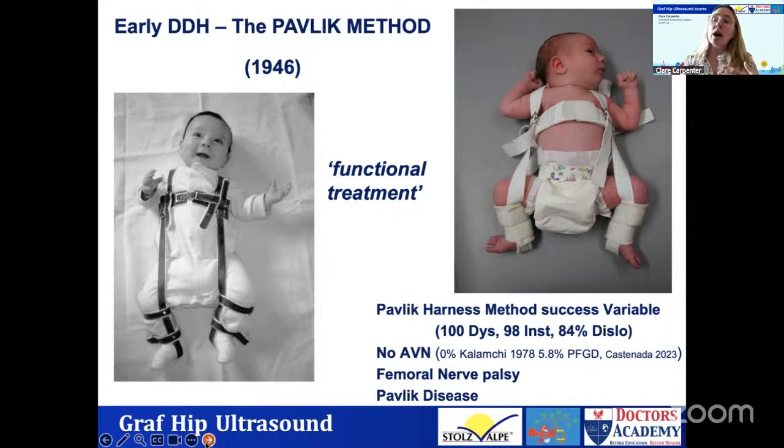People who want to argue against the Graf method sometimes say, well, you over-treat in a Pavlik harness because you sometimes will treat a 2A minus hip, which would, in some cases, by natural history get better, but in other cases we have seen that they don't. And again, using time and being pragmatic, you can then choose to use a Pavlik harness in those cases.